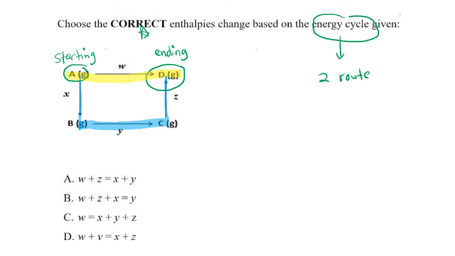So the first route is W only, so W equals X. The second route we need to pass through S and then Y and Z. So that's why the answer is C.